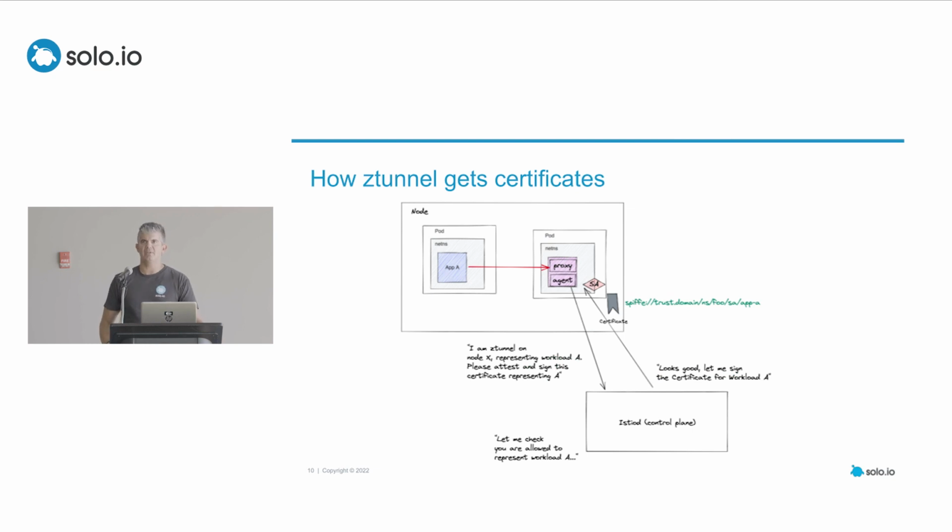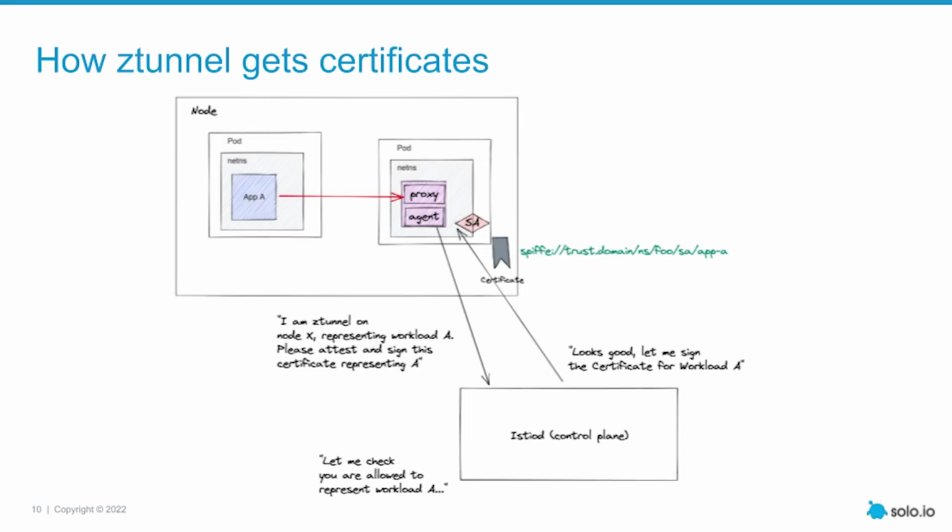So now, how does the Z tunnel, if it's presenting certificates on behalf of application A, get those certificates? In the sidecar approach, if you're familiar with Istio, the sidecar runs a proxy and a little agent that runs with the proxy.